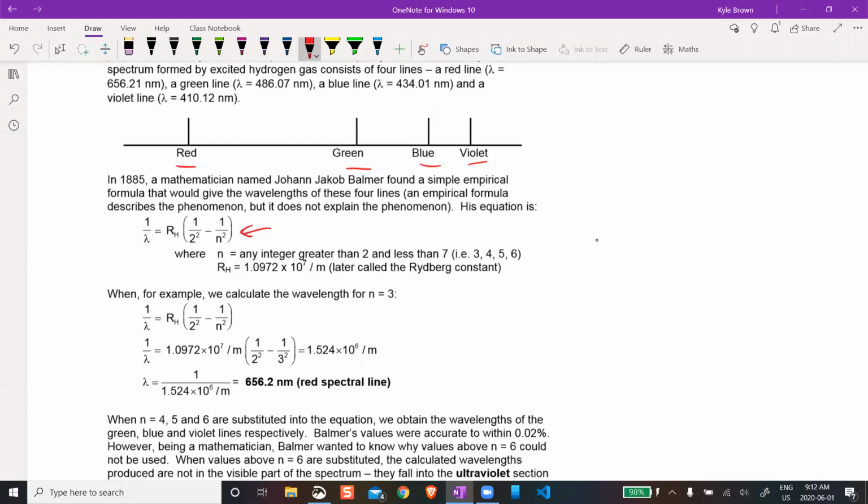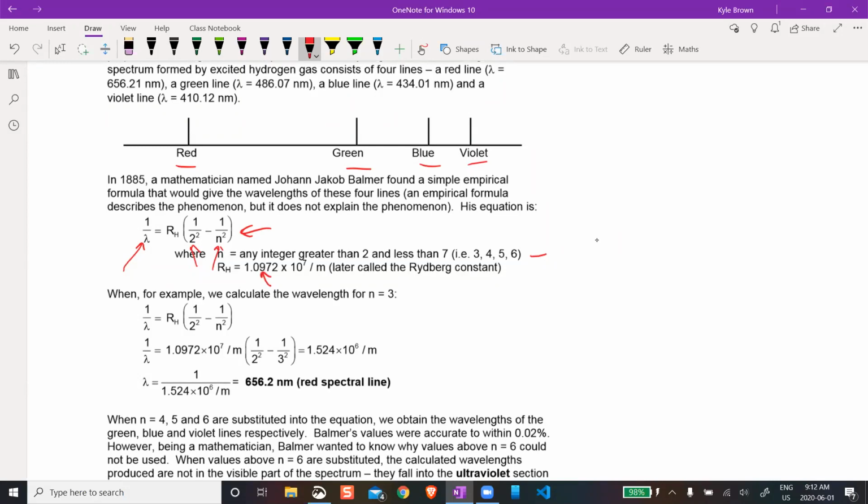So anyway, he derived this mathematical expression where you see wavelength on this side, and he had 2 to the power of 2 right there, and then n. So n was any integer greater than 2 and less than 7 in his expression, okay? And then he had a constant. It was later going to be called the Rydberg constant, but when he did it, it was just a constant. And it worked, right?